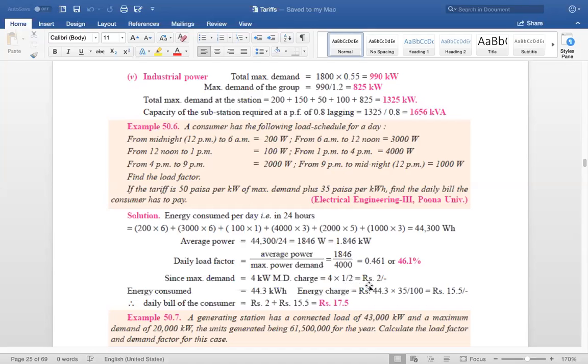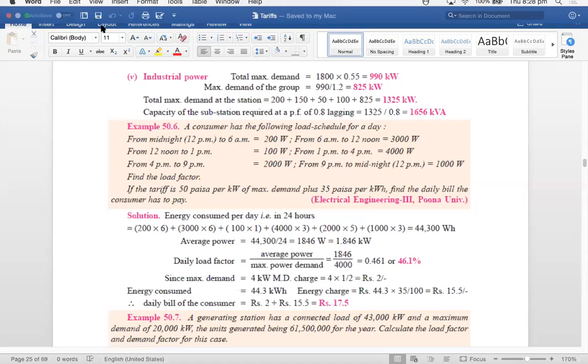That gives us 2 rand. And then energy consumed is 44.3 kilowatt hour, and the energy charge is 44.3 times 35 over 100. That gives us 15 rand 50. So the daily bill for the consumer is 2 rand plus 15.50, which is 17 rand 50.